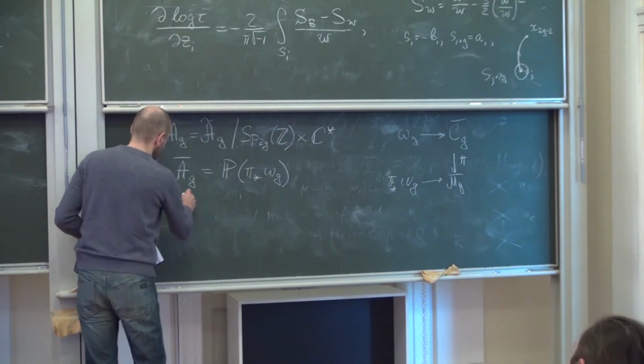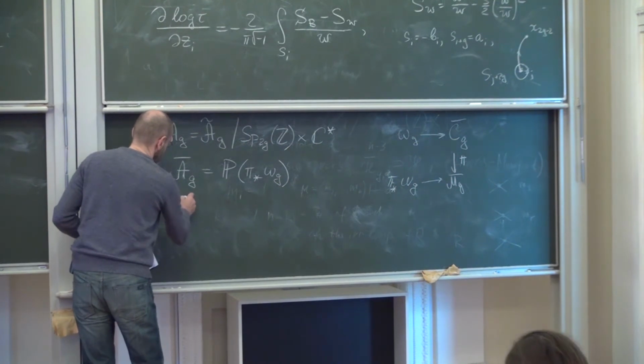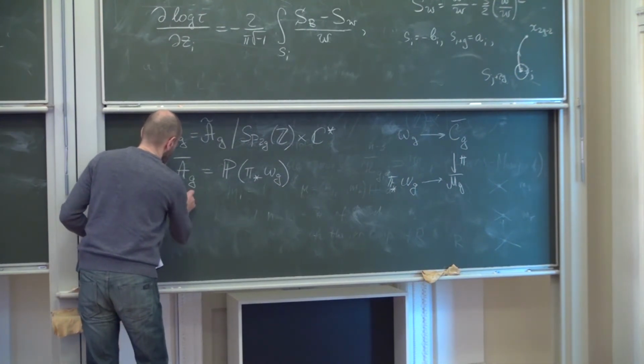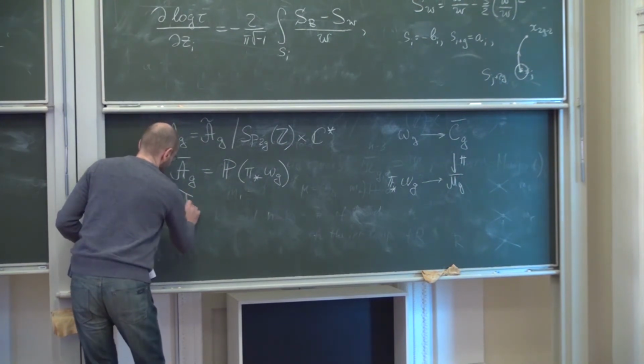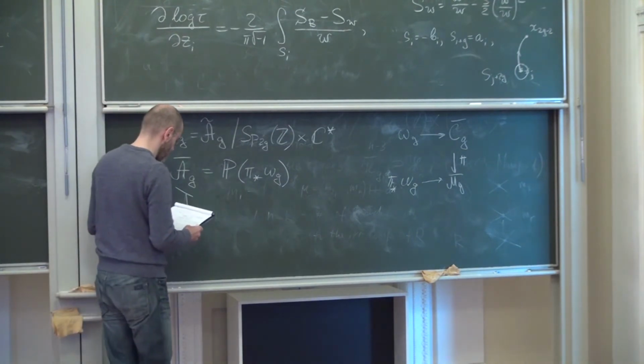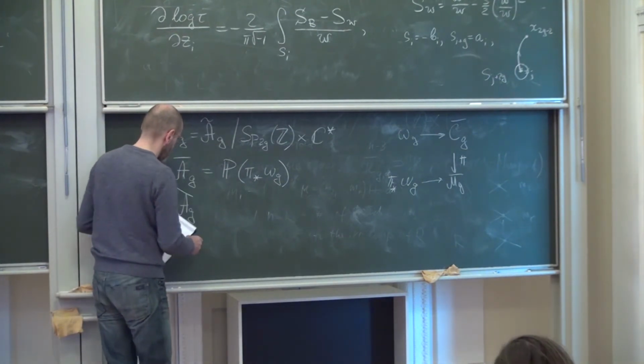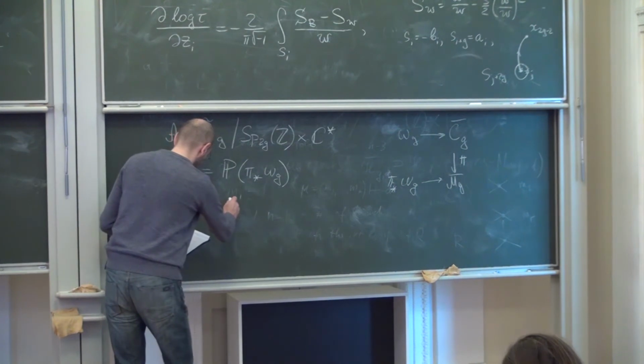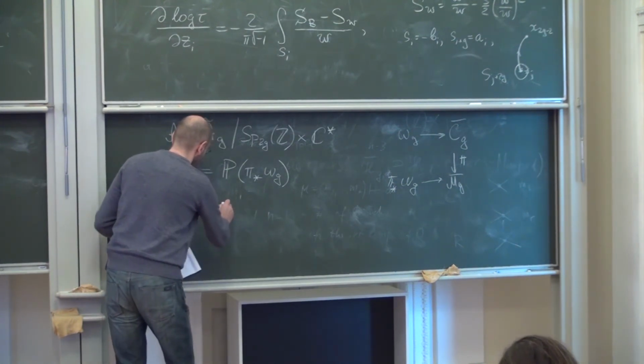And the complement. So if we subtract A_G from here, we'll get some number of divisors.